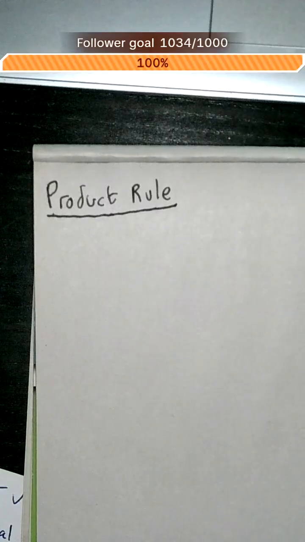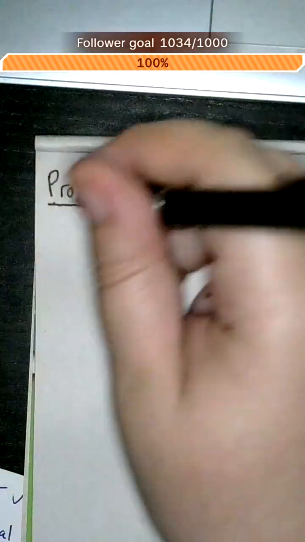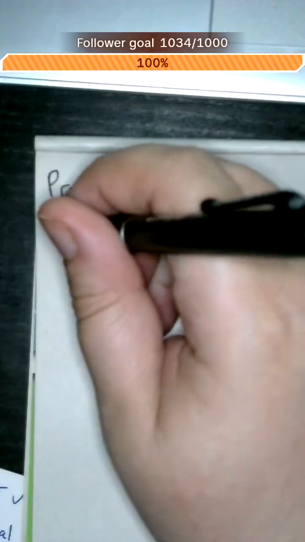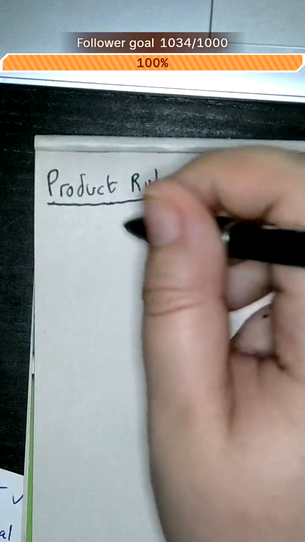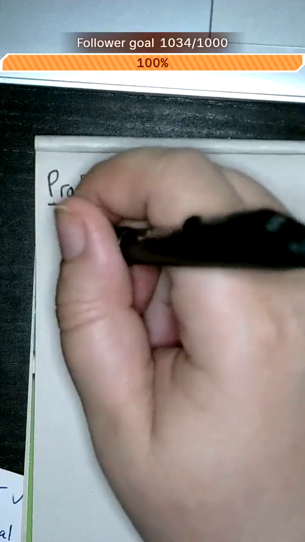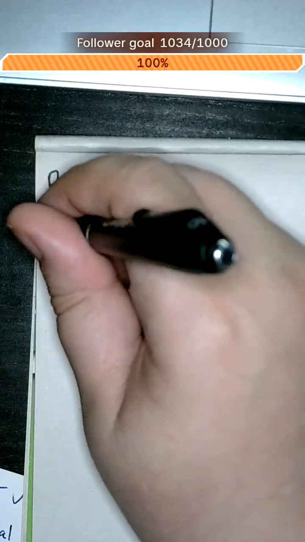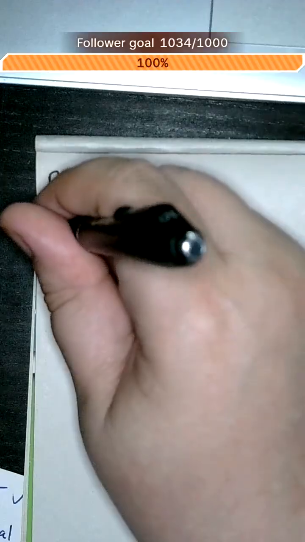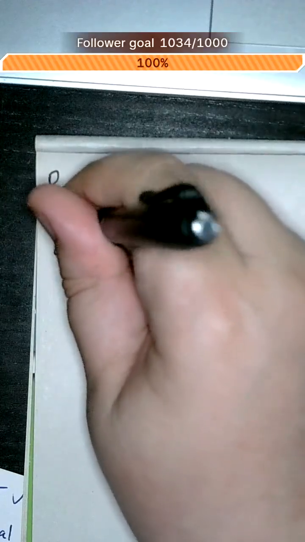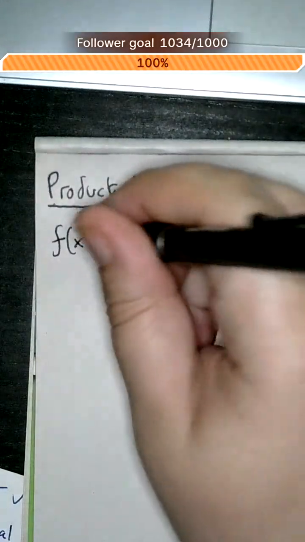So let's go ahead and get started. This is calculus 1. So I'm going to have f of x, and I'm going to label this as the following.